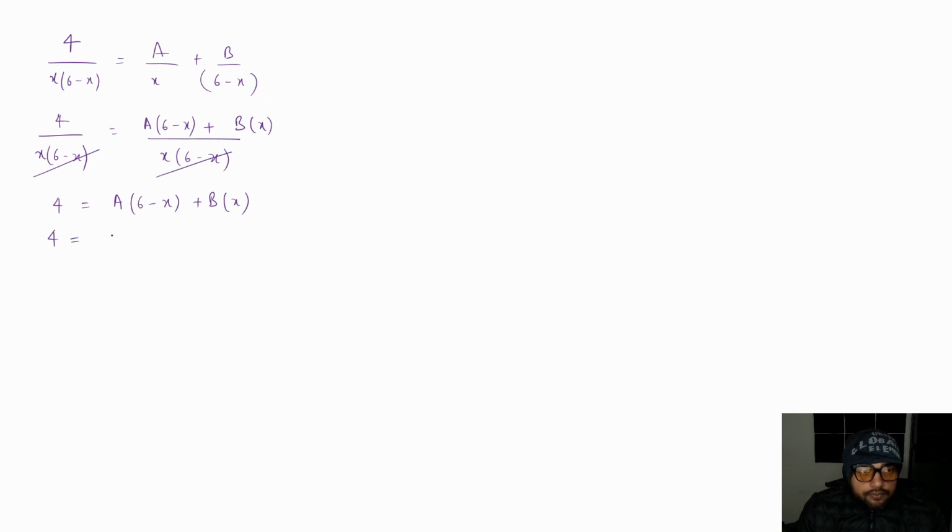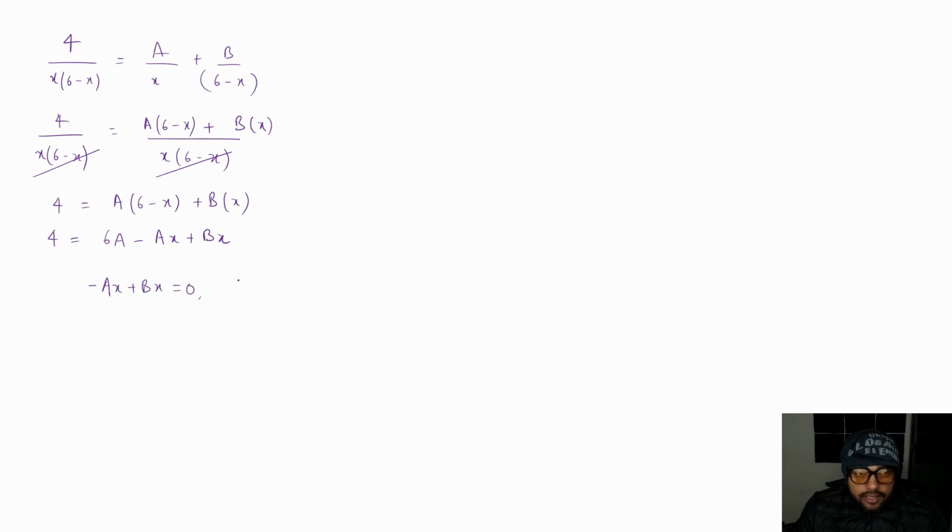So 4 equals 6a minus ax plus bx. Now we'll make the coefficients equal. On the left hand side we have 4, and on the right hand side we have this expression. Since the left hand side has no x component, minus ax plus bx will be equal to 0.